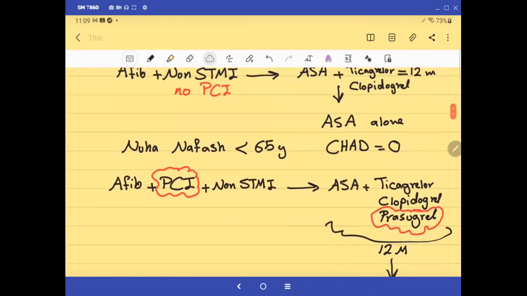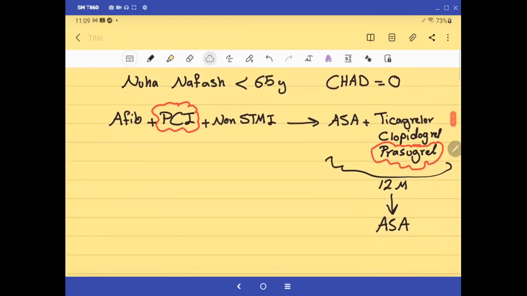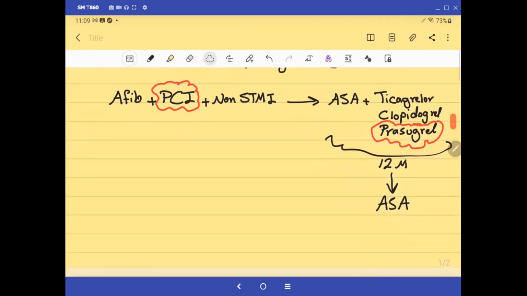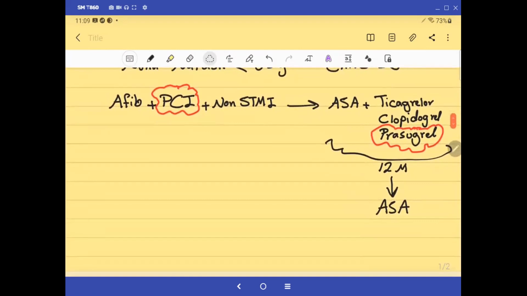Okay, so under 65 is aspirin plus ticagrelor, clopidogrel, or prasugrel because there is a PCI. Give me a full answer for 1 year. Then what after 1 year? Then aspirin.